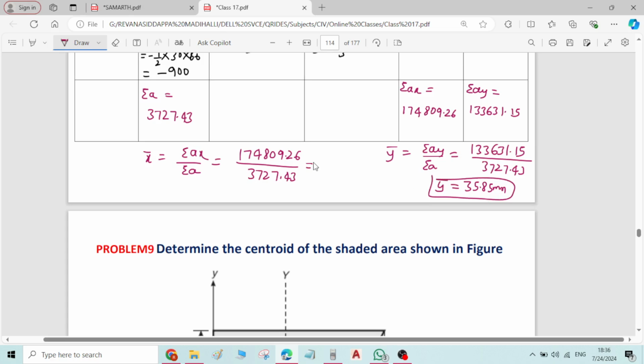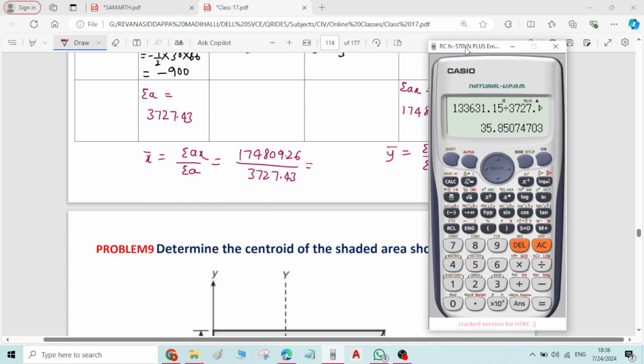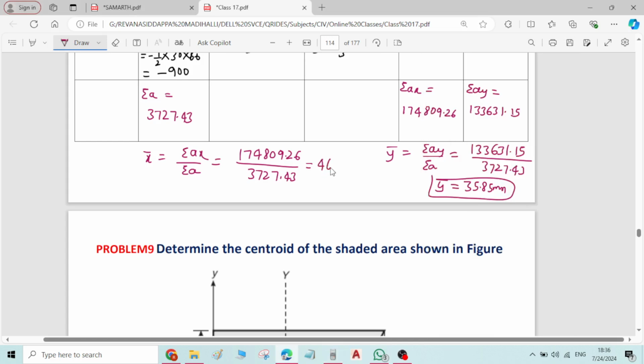Coming to the x bar, it is 174,809.26 divided by 3727.43, which is 46.89 millimeter. So this completes the problem.